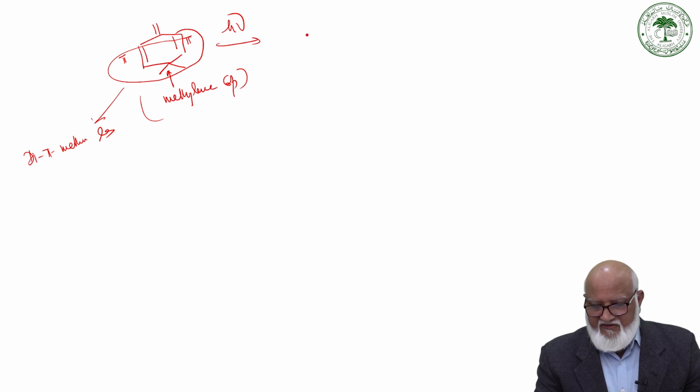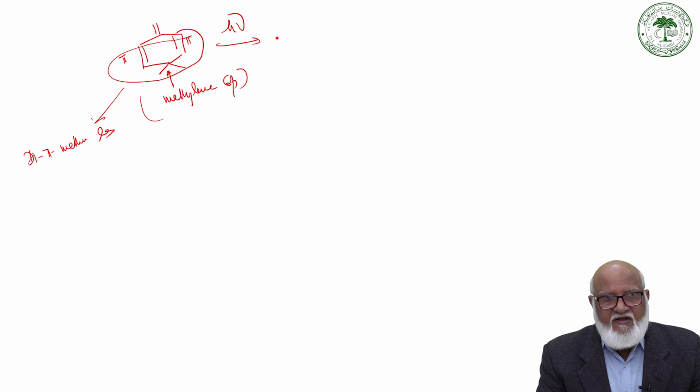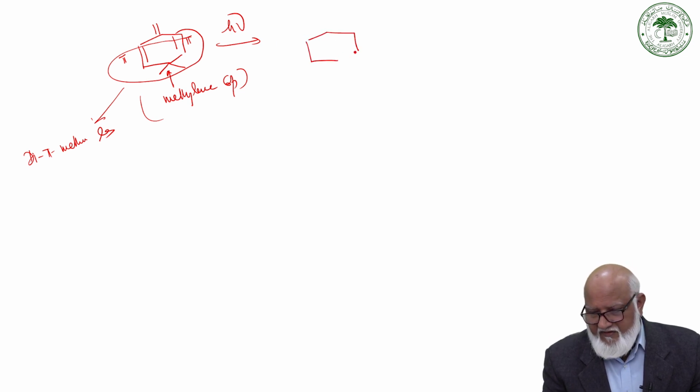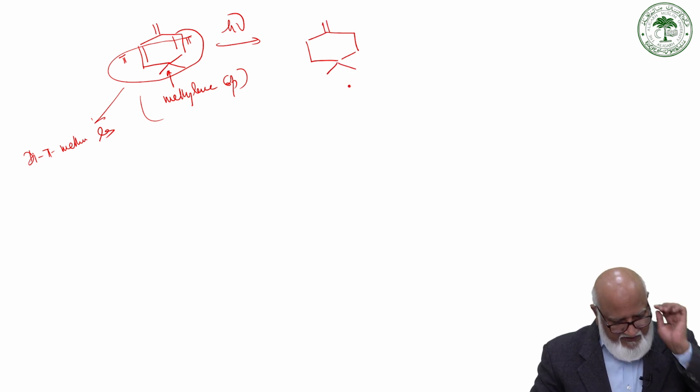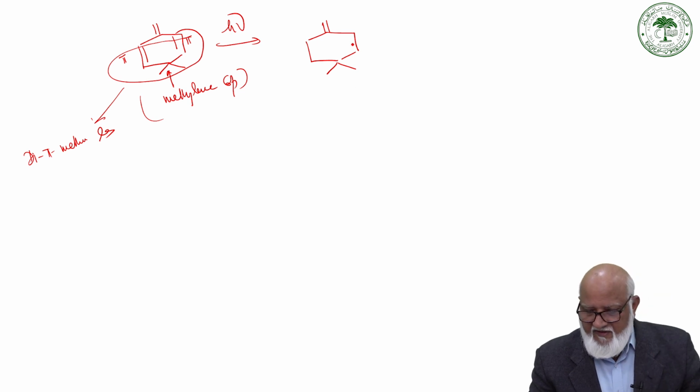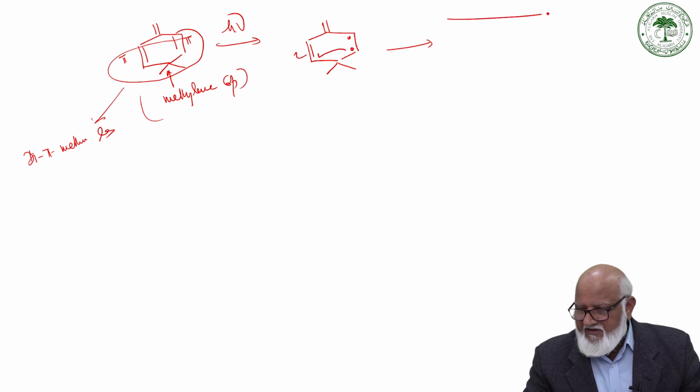So we can just excite it and look for what the product is at the end of the photolysis of this particular compound. We can either excite this or excite this, and we cannot say which bond is exciting, but at the end what we end up with is the main intermediate.